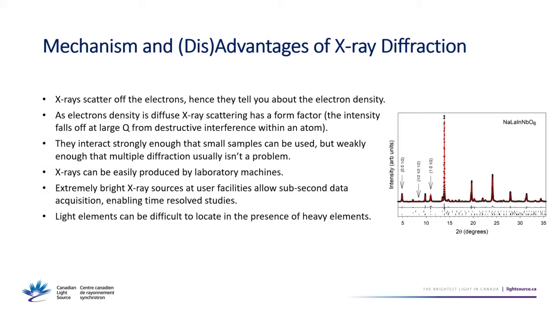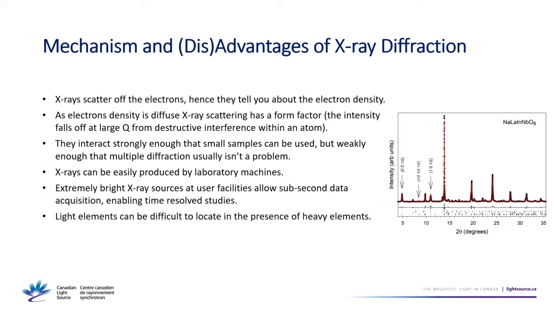When you scatter off an atom, you get some destructive interference from scattering off different points within the atom, and that makes the diffraction pattern fall off as you go out to higher Q. And as I said, they have this moderate interaction with matter. So they interact strongly enough that you can use small samples, but also weakly enough that multiple diffraction usually isn't much of a problem. You can usually ignore that with the so-called kinematic approximation of X-ray diffraction.